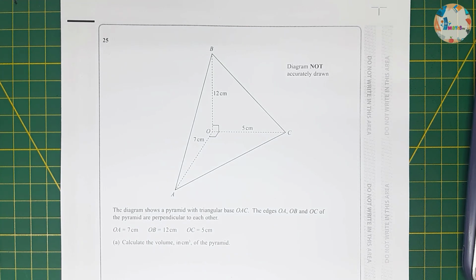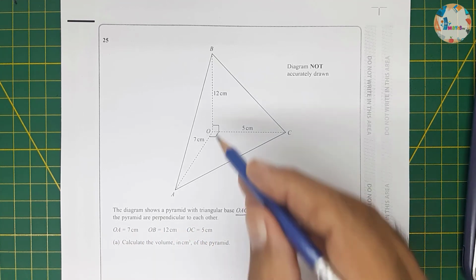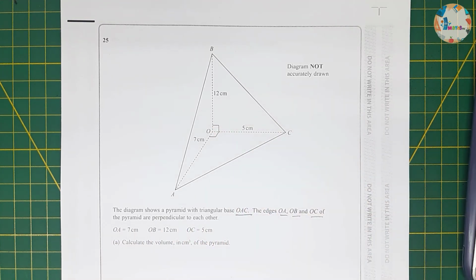Now this is question number 25. The diagram shows a pyramid with triangular base OAC. The edges OA, OB and OC of the pyramid are perpendicular to each other. So these are all 90 degrees they have shown.